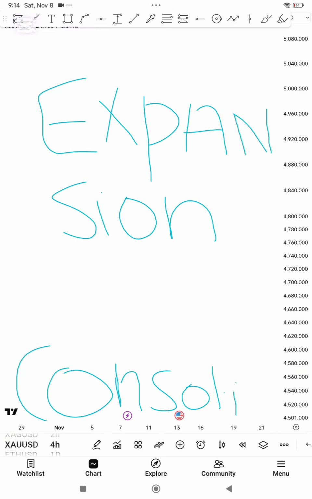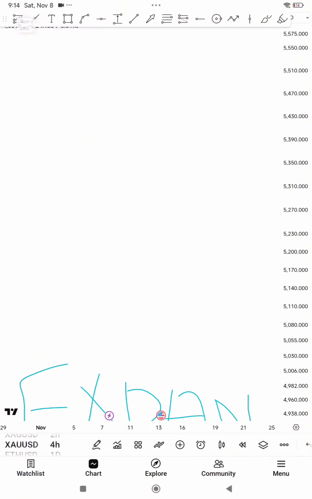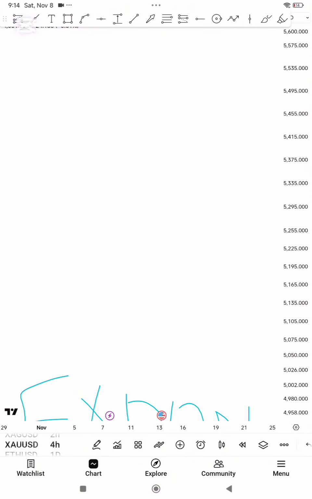So after expansion, the third phase is called retracement. Let's talk about both retracement and reversal.